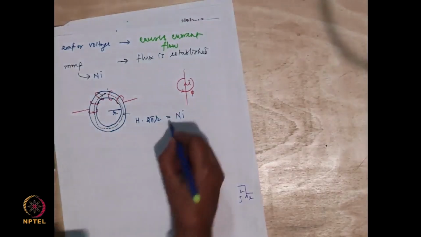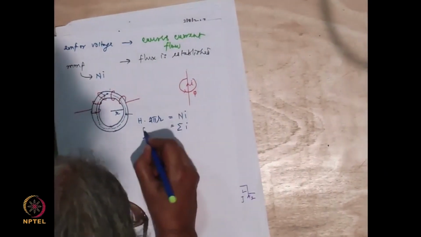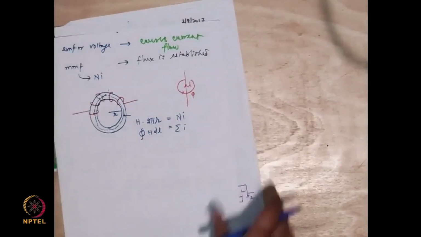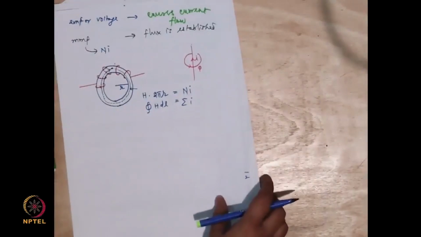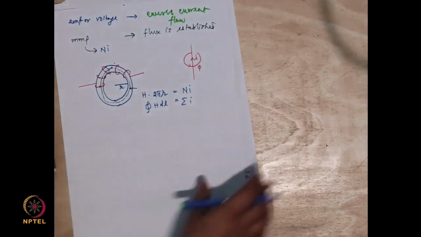What actually Ampere's law says is sigma I equals the integral along a closed path of H dl. The same thing we have written now after integrating and after adding all the currents, how many times the closed path or closed contour is being linked with the same current. That's what we have written.